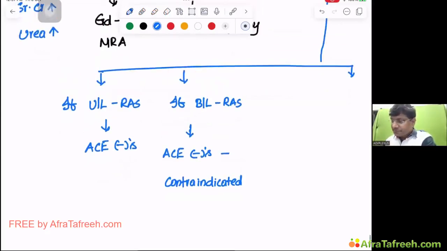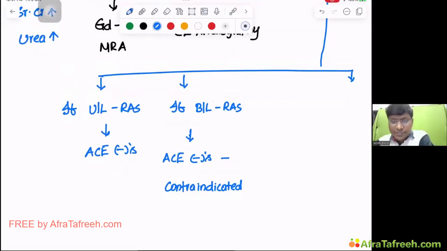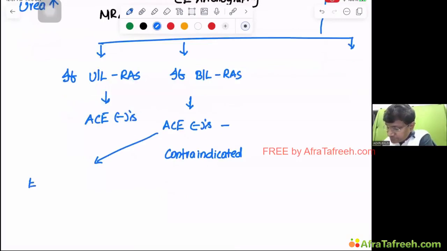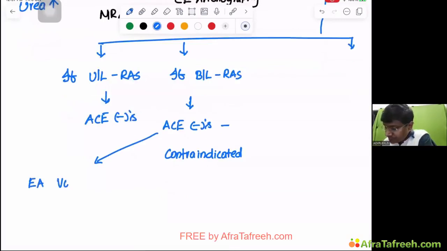When there is bilateral renal artery stenosis, already there is decreased glomerular perfusion. And when you give ACE inhibitors, what will they do? They will cause efferent arteriolar vasodilatation because they are inhibiting angiotensin II formation.